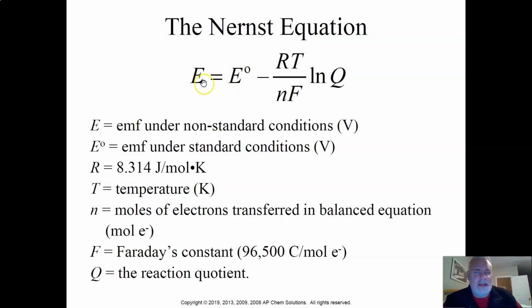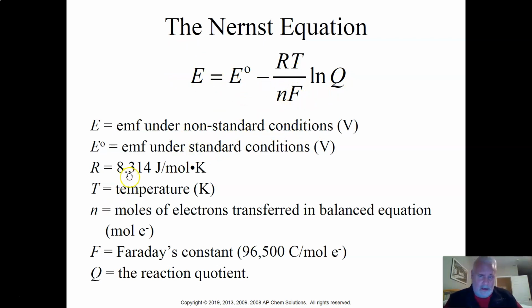So what E represents in the Nernst equation is you can compensate the number of the standard condition by using this relationship.